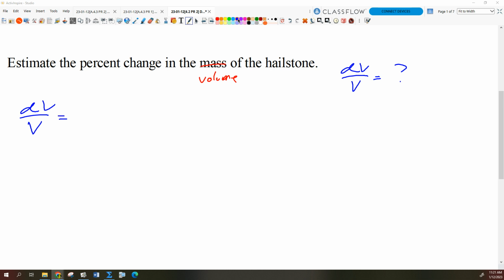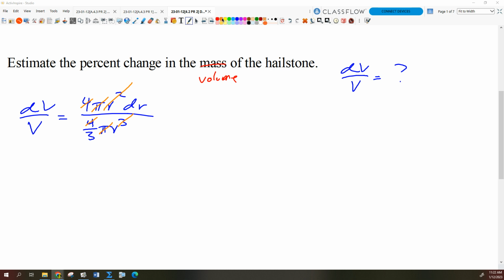So rather than just plug in numbers, let's simplify that expression. dV, you already calculated, was 4 pi r squared dr, divided by volume, which was 4/3 pi r cubed. So there's a lot of cancellation. The r squareds cancel, the pi's cancel, the 4's cancel.